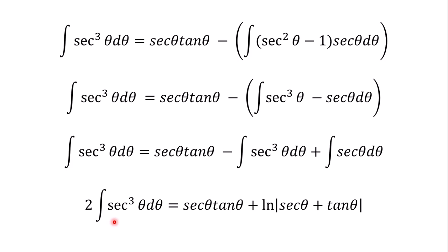This was what we started integrating, but the only issue here is that we didn't include the 2. We didn't carry the 2 along. So the answer to this integral is this one, and the answer to the original one is the whole of this.